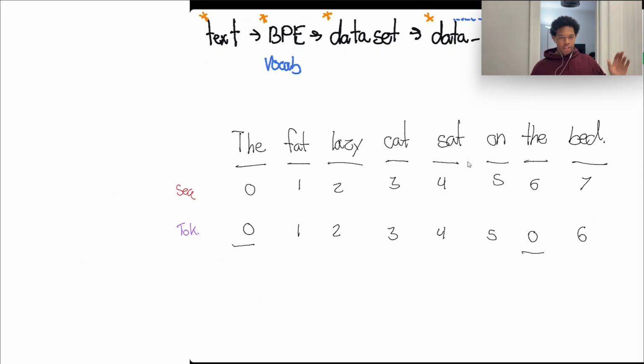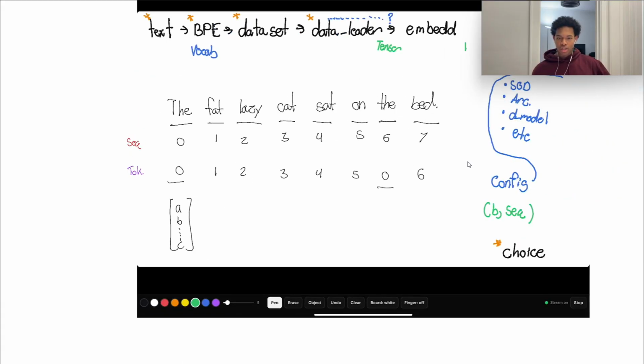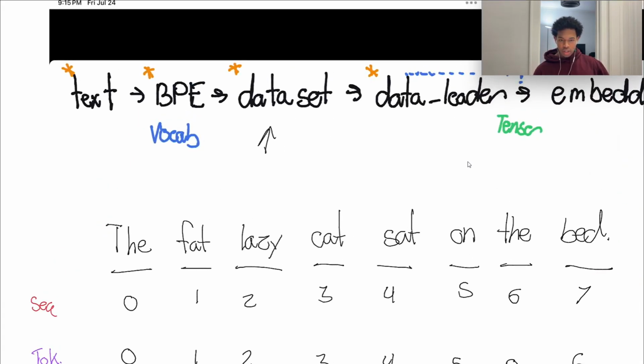The two instances of the have the same token ID. And as an embedding, everybody has a vector representation. That's fine. I was doing this because I wanted to draw the data set.